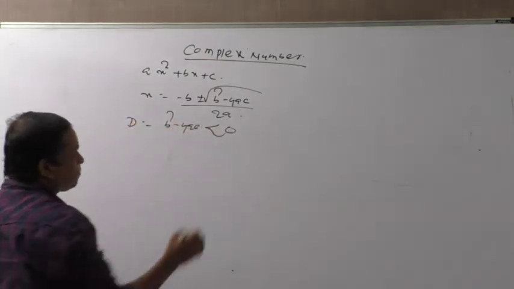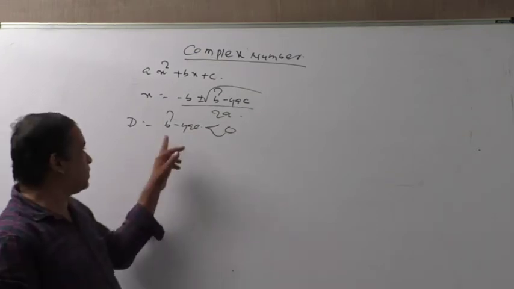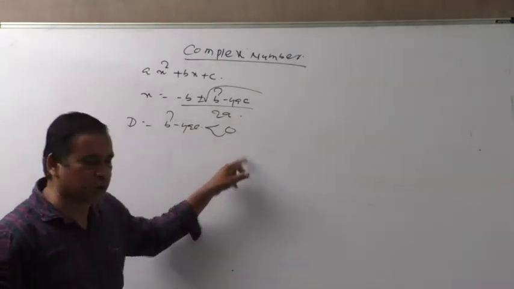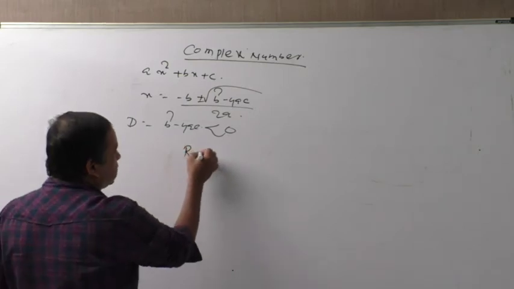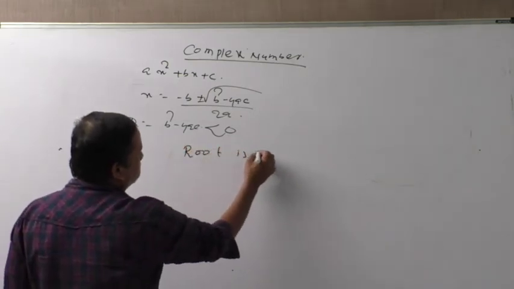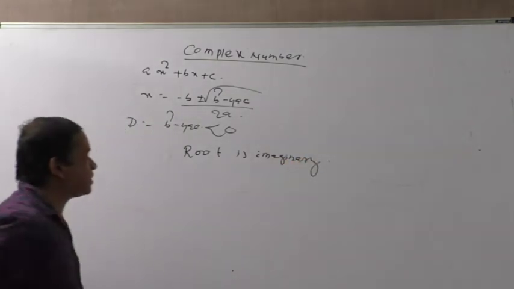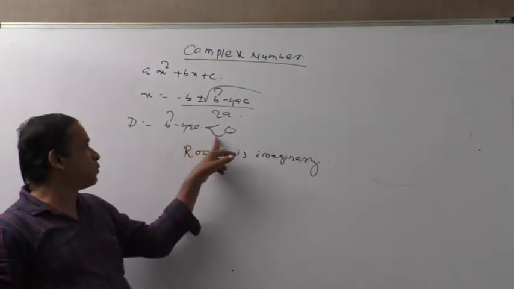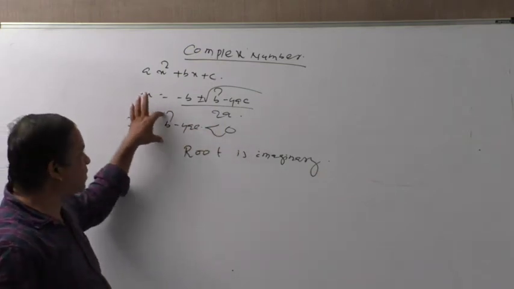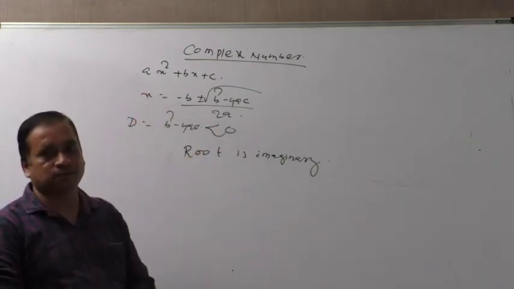You know from class 10 that if b square minus 4ac is less than 0, the root is imaginary.